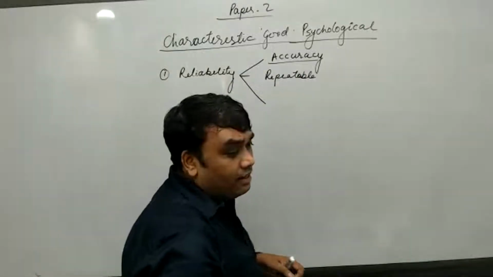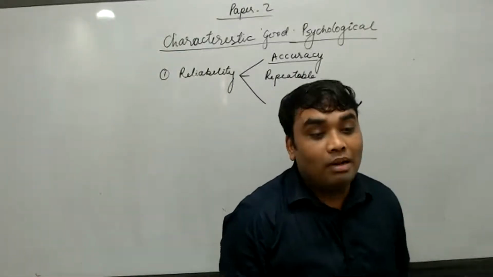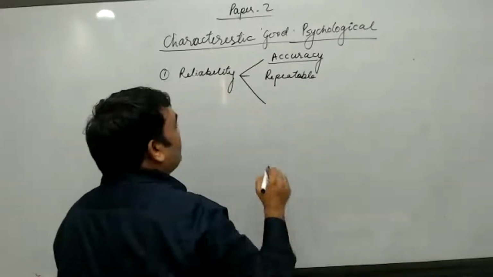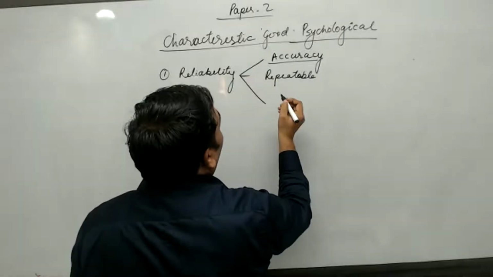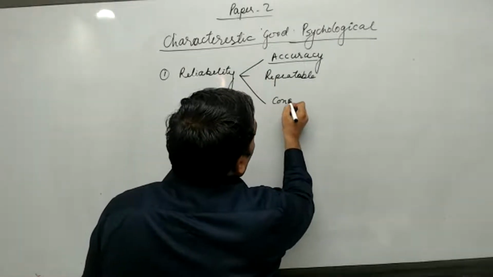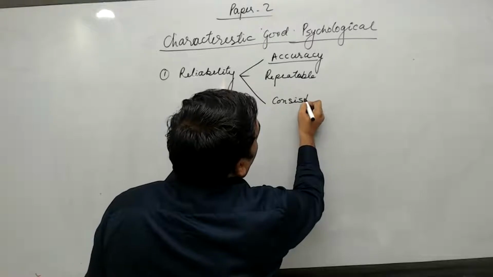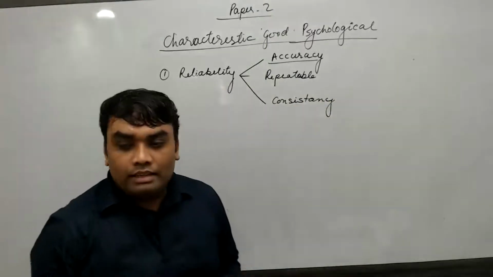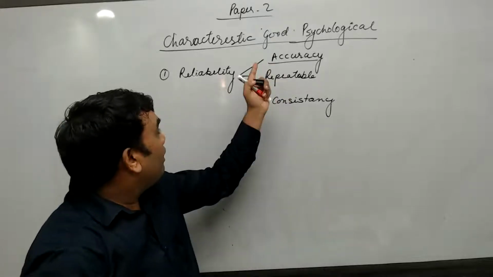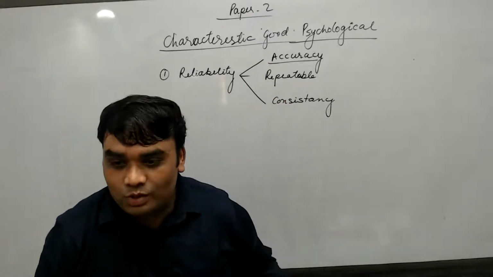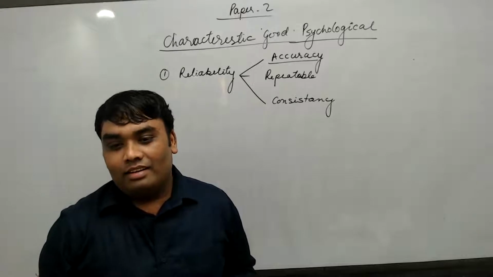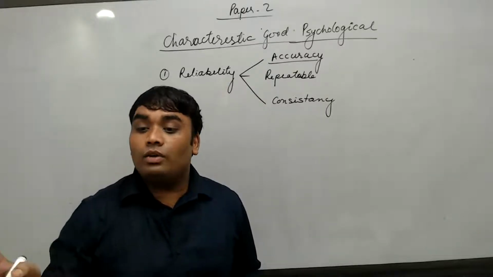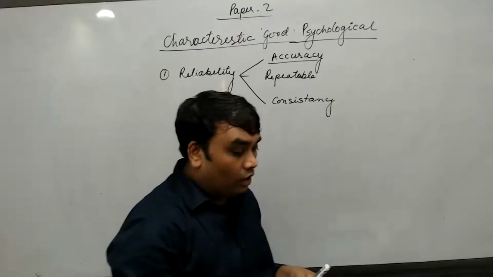If anything is repeating, that is reliable. And the third word is consistency. Getting my points? If anything is consistent, that will be reliable. So what is reliability? Note down.